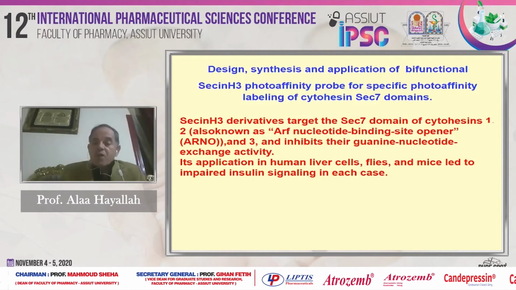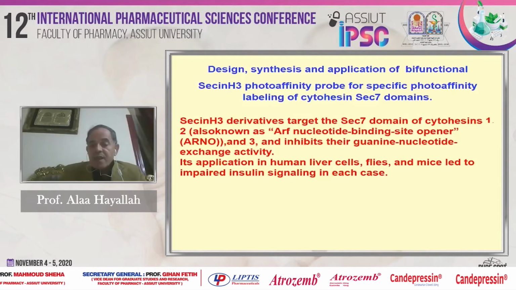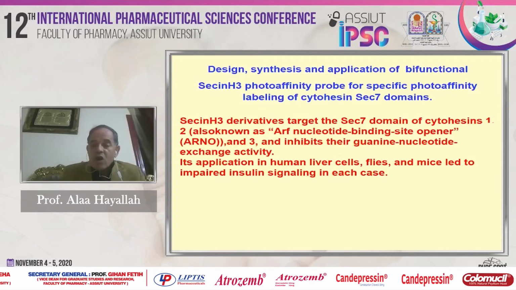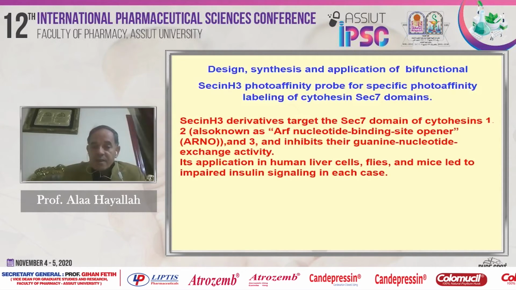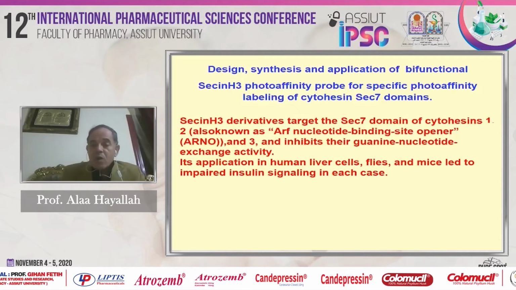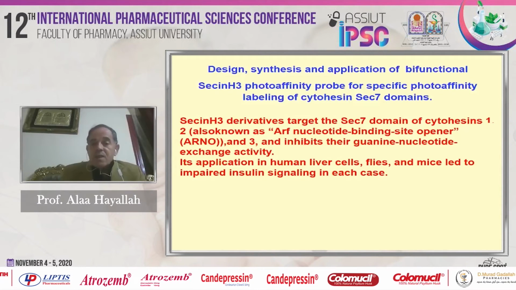Its application in human liver cell lines and mice led to impaired insulin signaling, in each case.